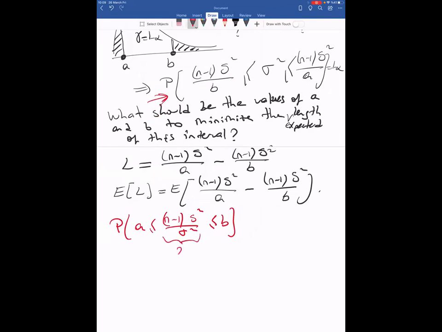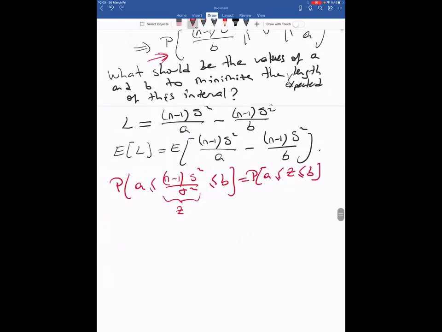Let's say that this is our Z. So the probability that we have this equals 1 minus alpha. Writing this in terms of the CDF, we have the probability of Z less than or equal to B minus the probability that Z less than or equal to A equals 1 minus alpha, right?